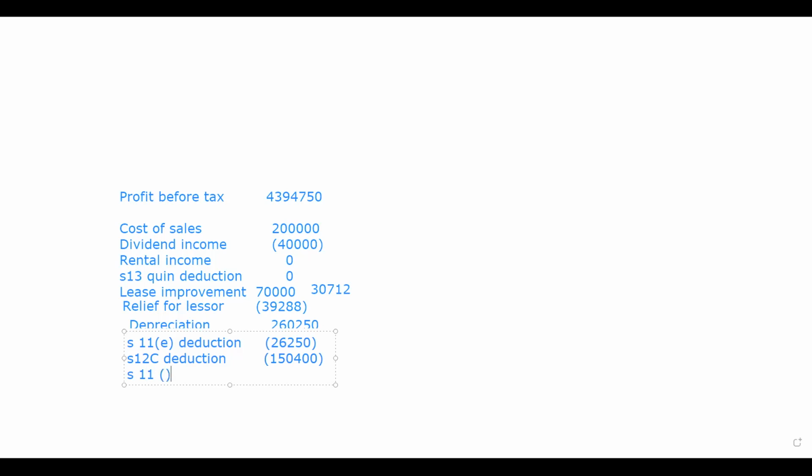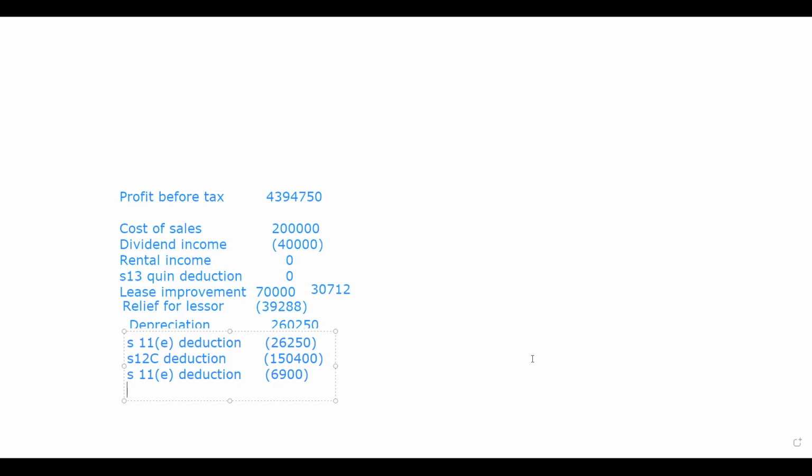However, this clock machine is worth less than 7,000, and according to section 11E, if the asset is worth less than 7,000, you include the total amount. So 6,900 as the deduction, the allowance. We are done with number 4.